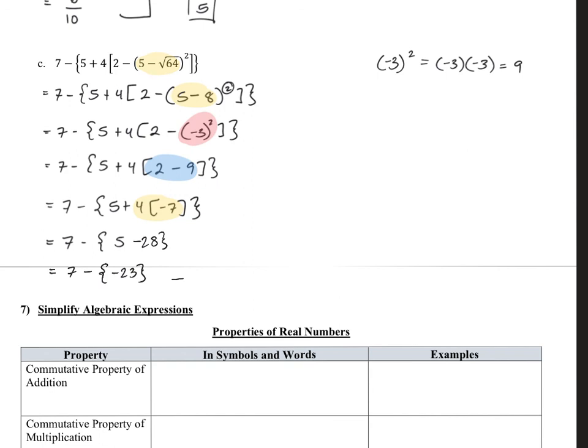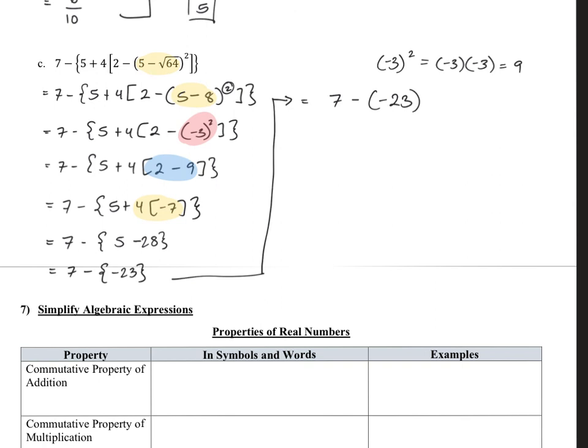Up here, nice arrow to indicate where you're going. Notice the equal signs are nice and lined up here to let the instructor or whoever's reading your math work know what you're doing. So then we have 7. Ooh, it's a double negative. Okay, you might be concerned. What are these squiggly signs? But remember, those squigglies are just another form of the parentheses we use, which would be the exact same as writing 7 minus negative 23.